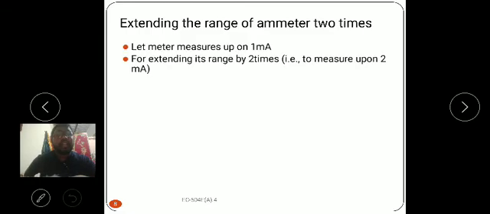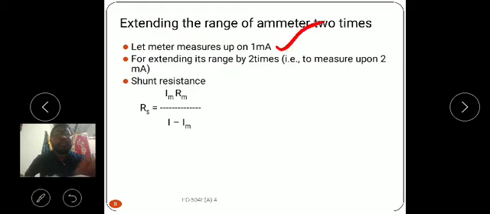Let the meter measure up to 1 milliamp. For example, I am assuming my meter measures up to 1 milliamp of current in this DC ammeter. For extending its range by 2 times, that is, to measure up to 2 milliamps, I am extending the meter range from 1 milliamp to 2 milliamps.